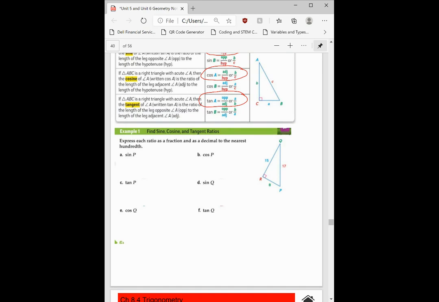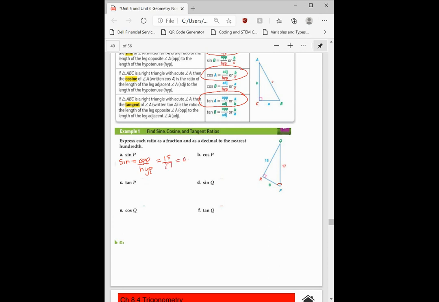So remember that sine for SOHCAHTOA is going to be opposite over hypotenuse. Okay, so we're looking at P, and P is right here. So opposite of that would be 15. The hypotenuse of this is 17.